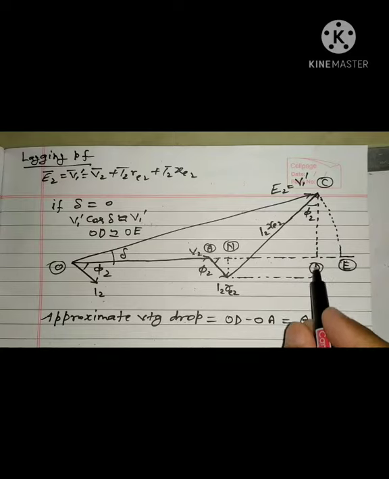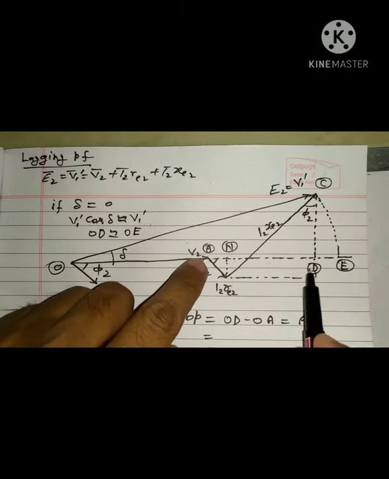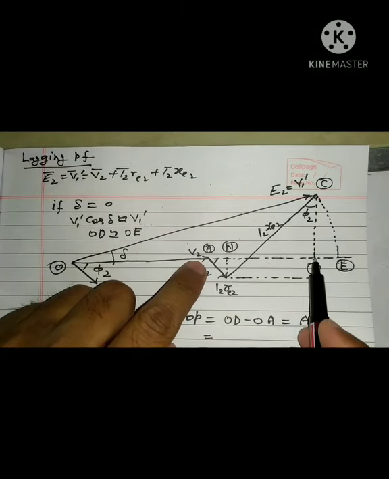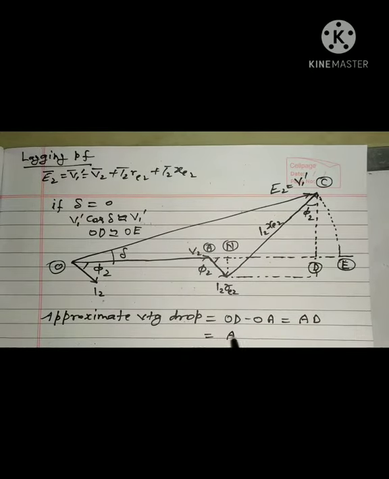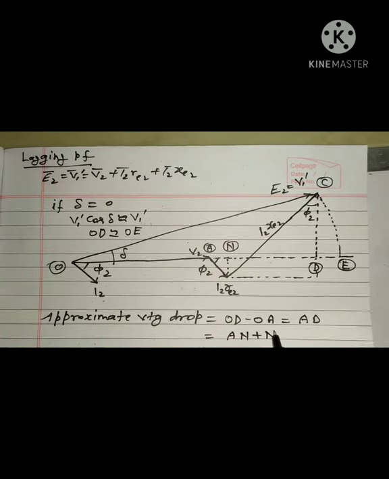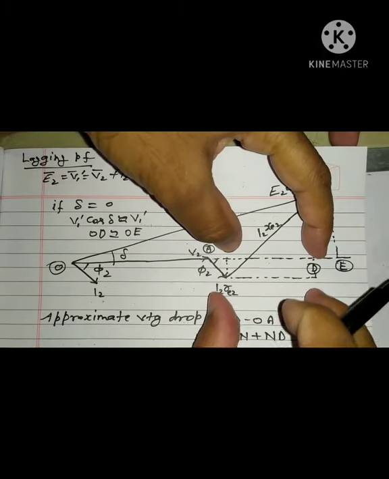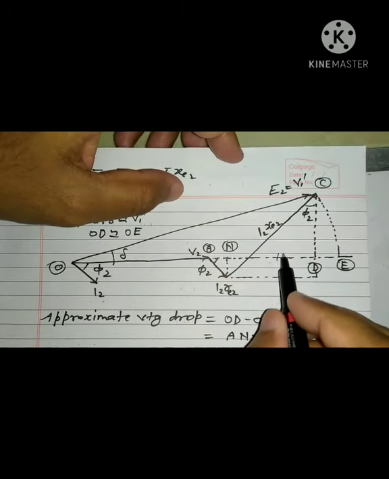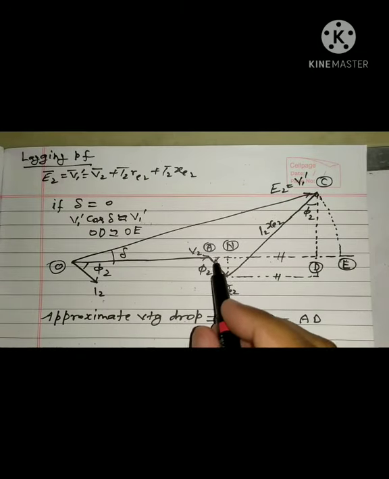Let me complete this also. So AD is, from here, this point is D, so it will be AN plus ND. ND is this one, this length equal to this length. So what is AN?